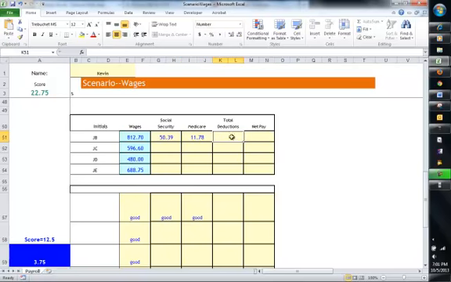The total deductions are these two boxes added together. Oops, that should be equals. Plus the 1178. So the net pay will be the wages subtract the total deductions.